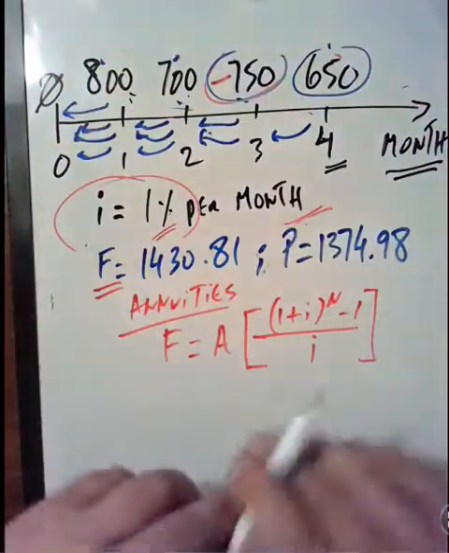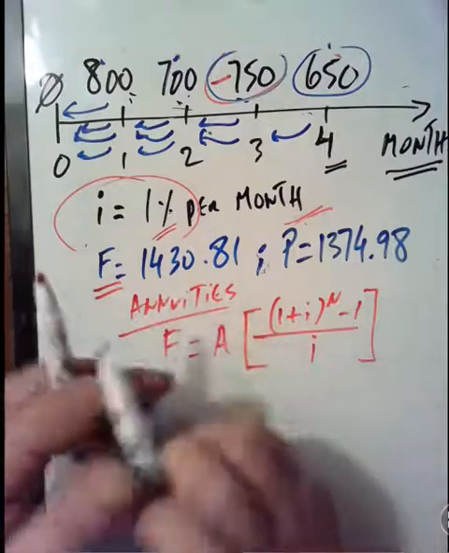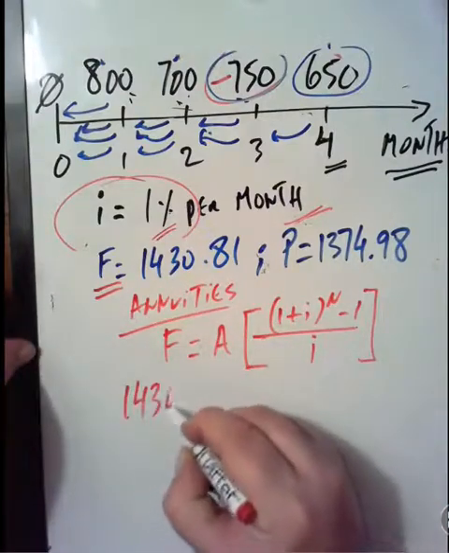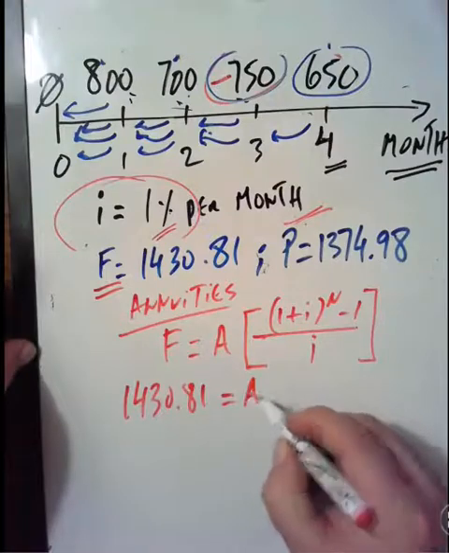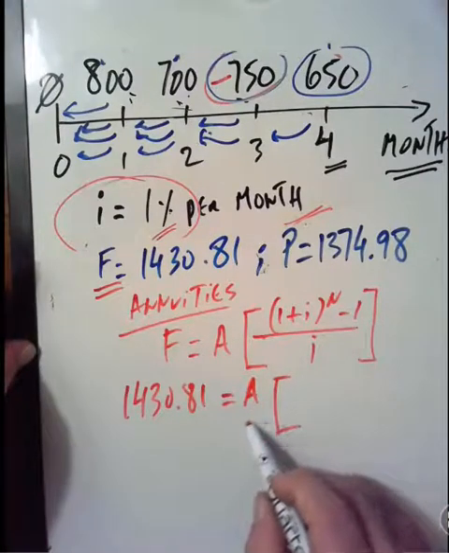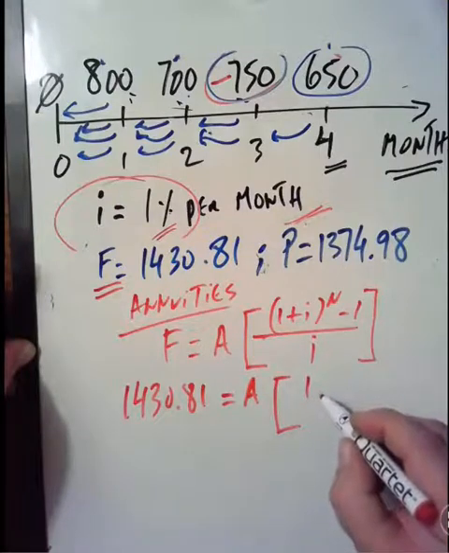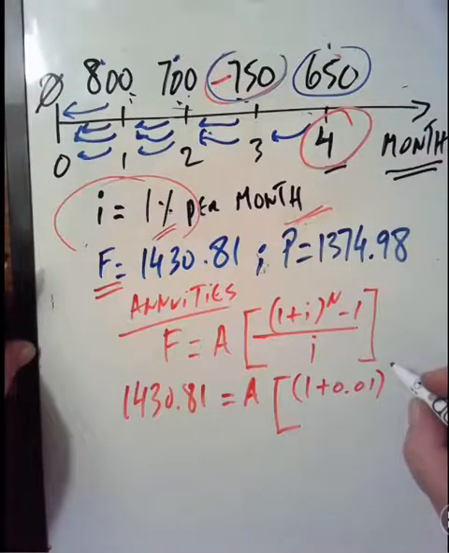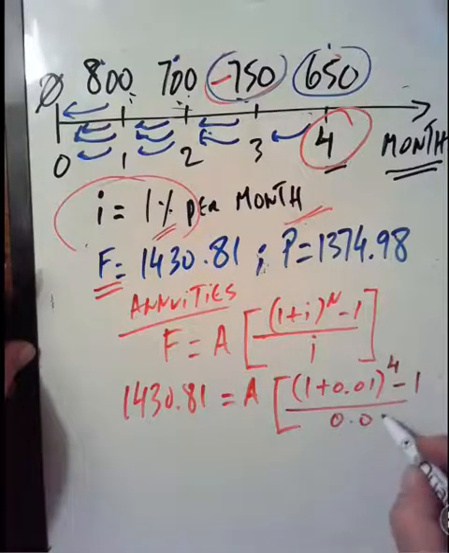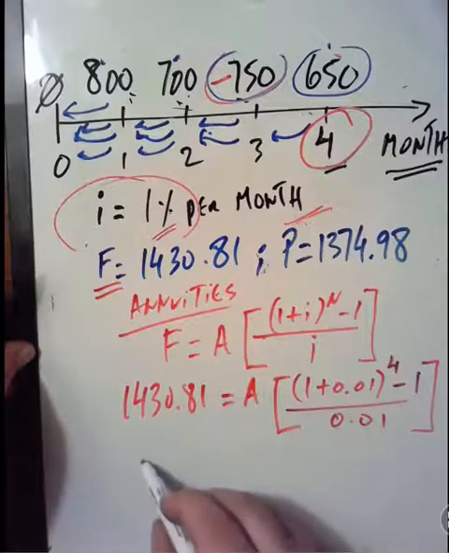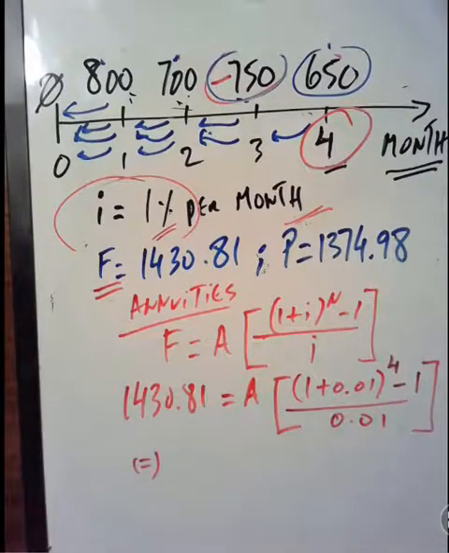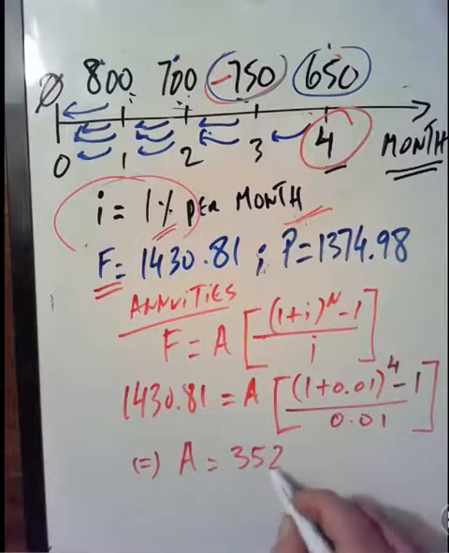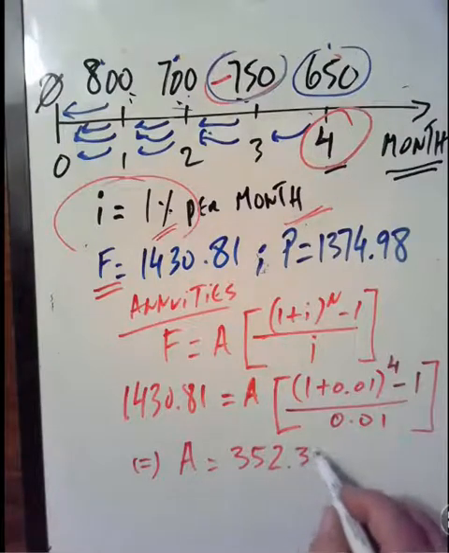So if the future value is 1430.81, I want to find the annuity A, given that the interest rate is 1%, (1 + i) to the power of 4 months minus 1, divided by the interest rate. So you solve for A equal to $352.38.